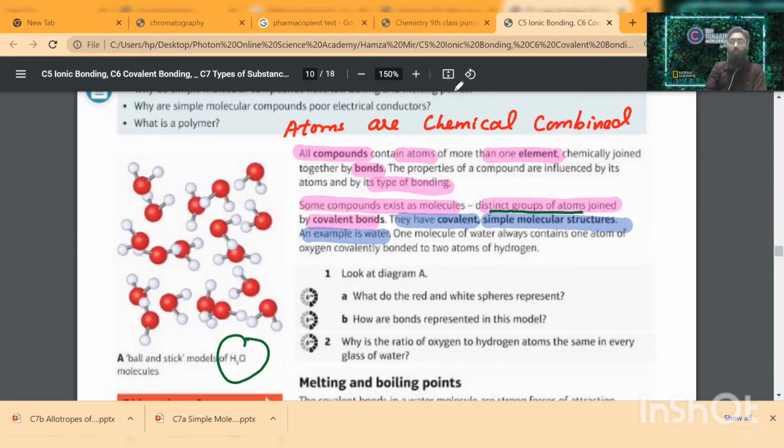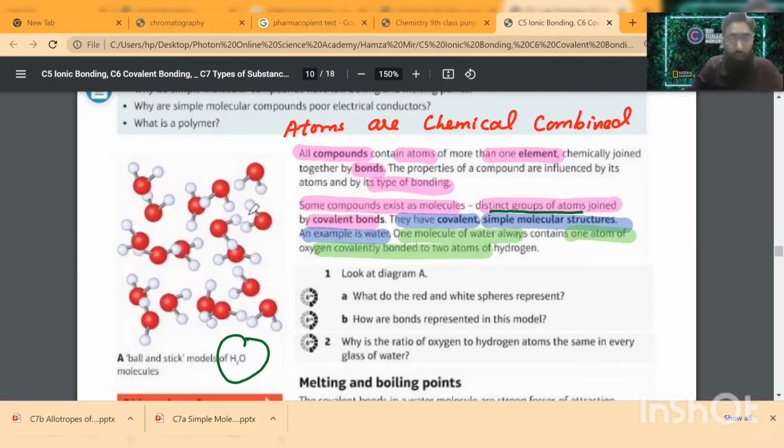One molecule of water always contains one atom of oxygen covalently bonded to two atoms of hydrogen. You are quite good at understanding the covalent structure of a water molecule.